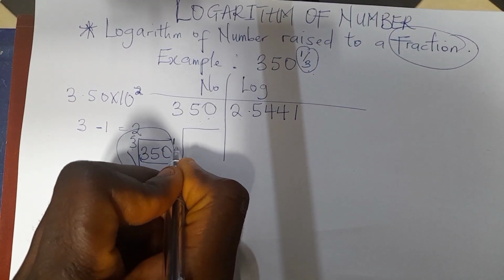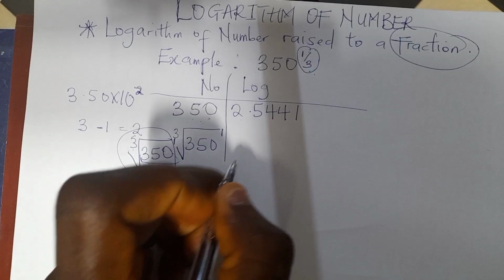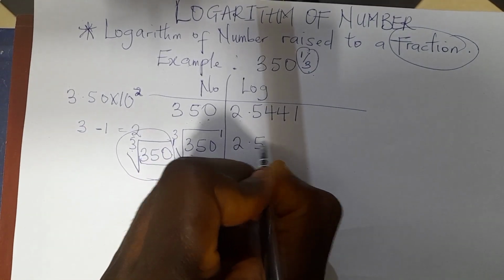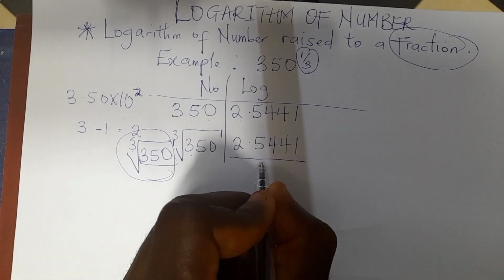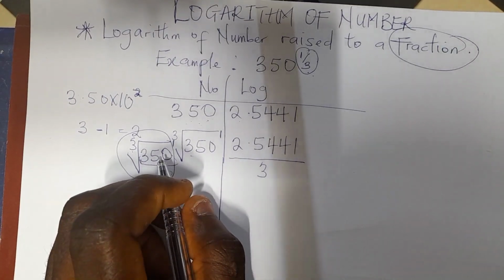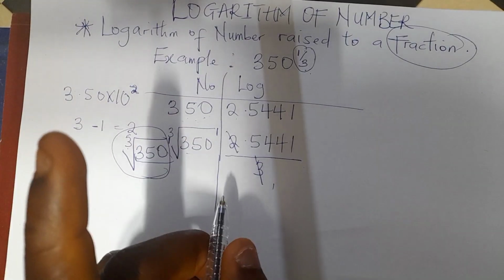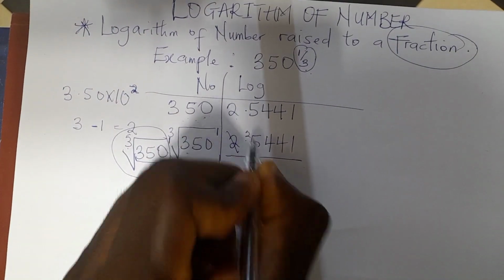Now let's write it here. We have 350 raised to the power 1. So what's the value for this? It is 2.5441 divided by 3. So how do we go about this? Okay, now 3 into 2 is impossible. So we write our 0. Now we take that 2.